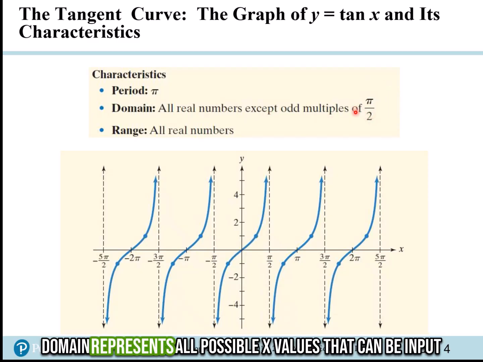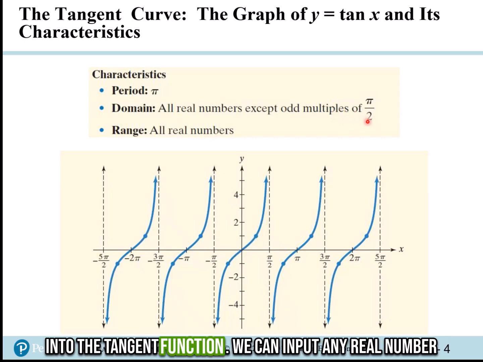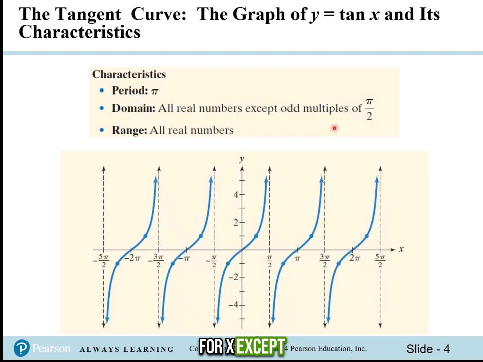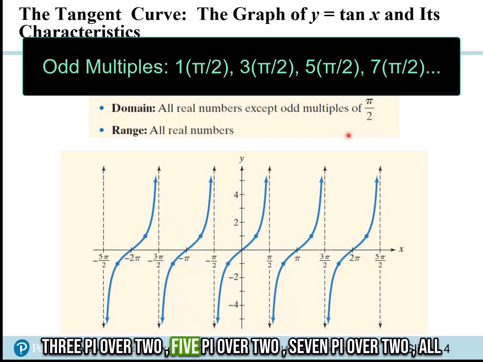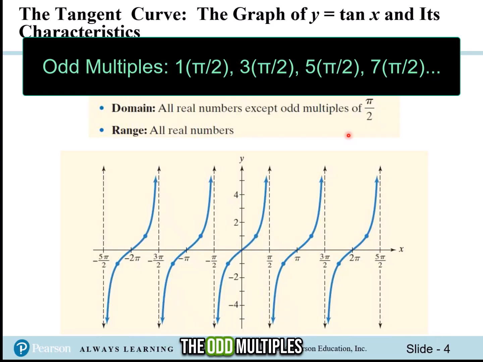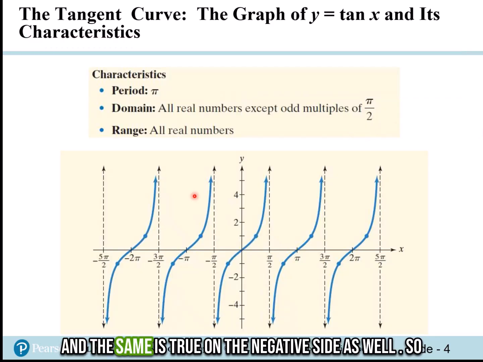The domain represents all possible x values that can be input into the tangent function. We can input any real number for x except odd multiples of pi over 2, which means pi over 2, 3 pi over 2, 5 pi over 2, 7 pi over 2, all the odd multiples, and the same is true on the negative side as well.